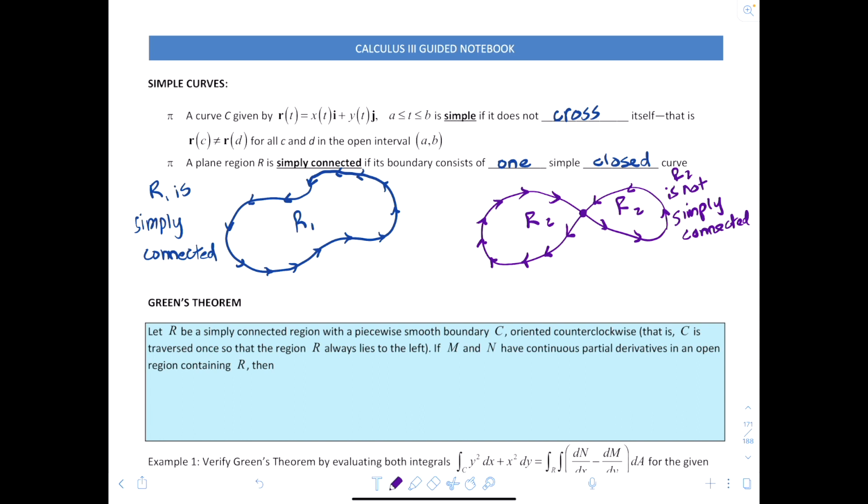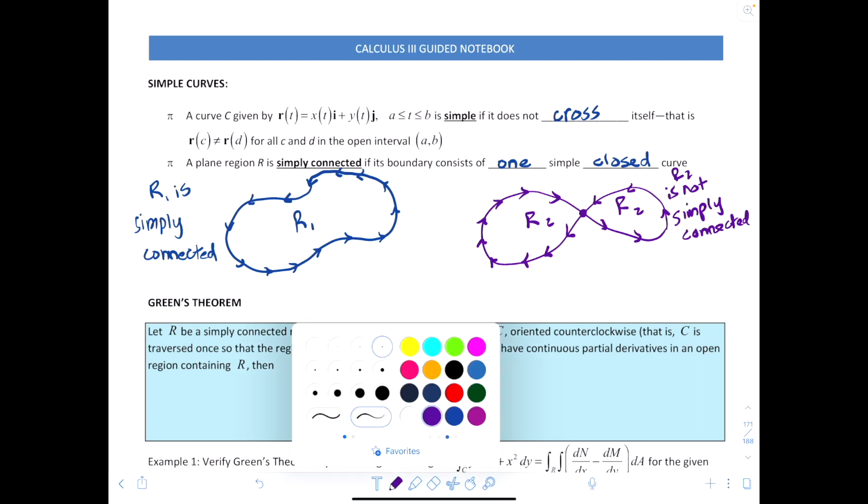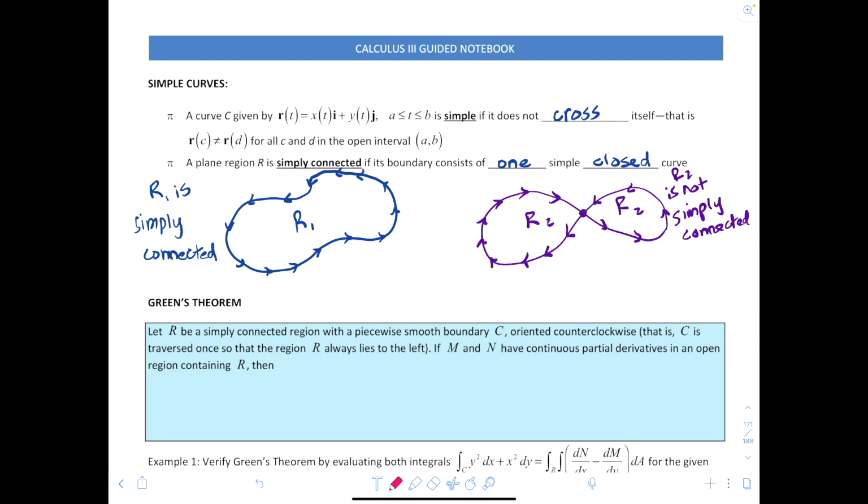So now there's another potential thing that could happen. You could have some region that looks like this. Let's say you've got something like what we had in R1. That one, if it was just that, would indeed be simply connected. But then let's say you also have something inside there.